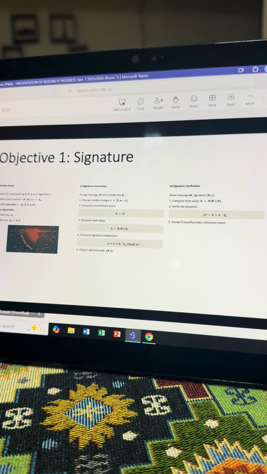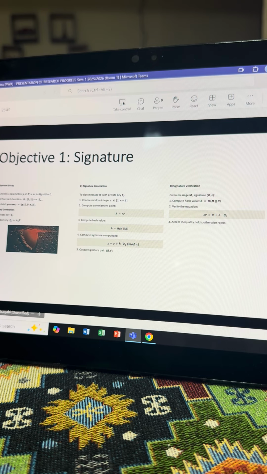The proposed digital signature scheme is also built over the same elliptic curve parameters and uses a hash function that maps arbitrary-length messages into the appropriate integer range. The signer's private key is a scalar, and the public key is again obtained by scalar multiplication with the base point.